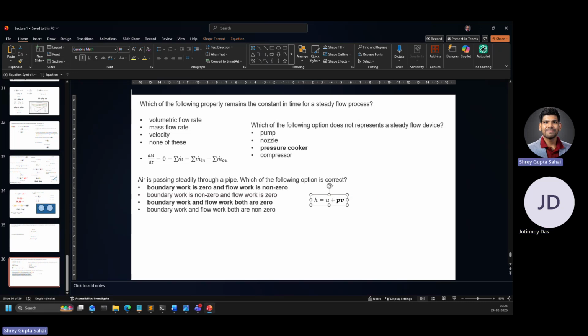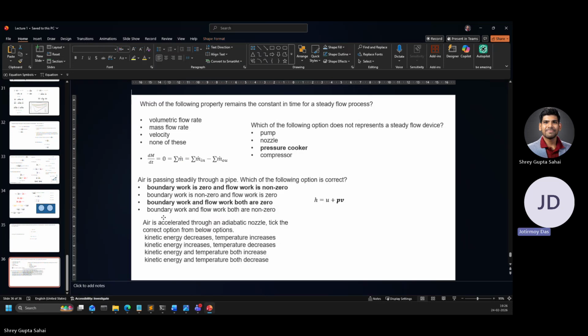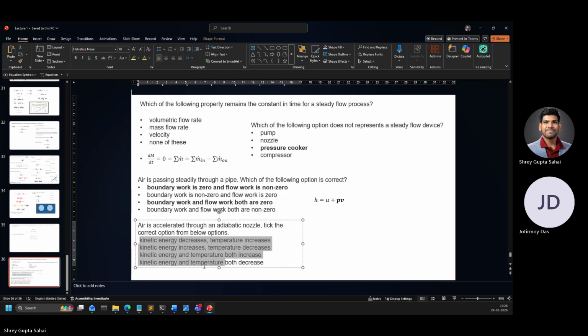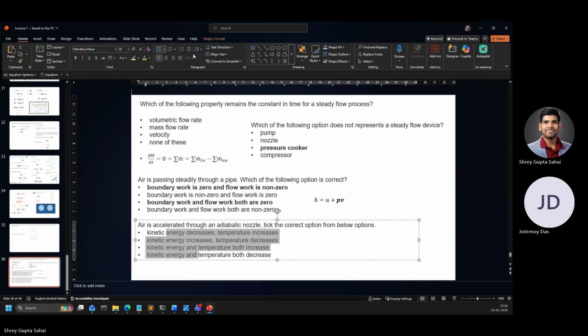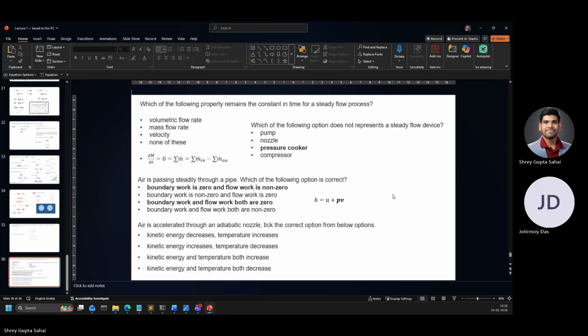So then let's look at another question. Diabatic nozzle, Q equal to zero.